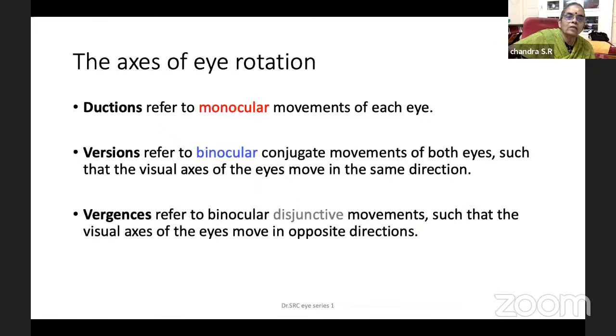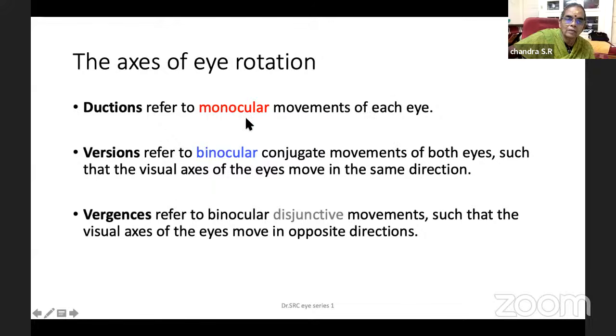The axes of eye rotation, which I told you first, we should remember: you have a vertical axis, a horizontal axis, and an anterior-posterior axis in which various movements take place. And when do we use the term duction? Duction refers to monocular movement of each eye.